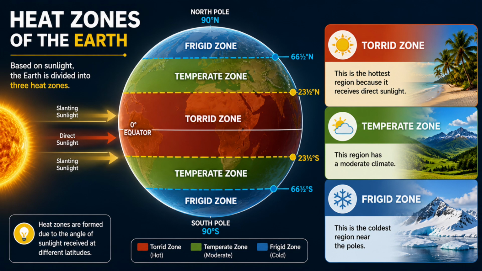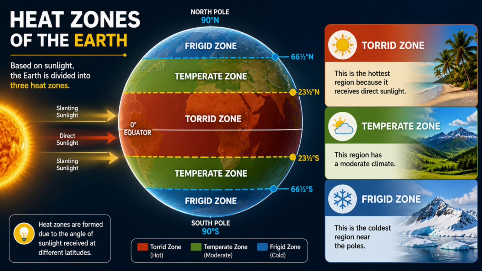Moving ahead, we will learn about heat zones. Based on the amount of sunlight received, the Earth is divided into three heat zones, that is, torrid zone, temperate zone, and frigid zone. The torrid zone lies between the Tropic of Cancer and the Tropic of Capricorn. This region receives direct sunlight, therefore, it is the hottest zone on Earth.